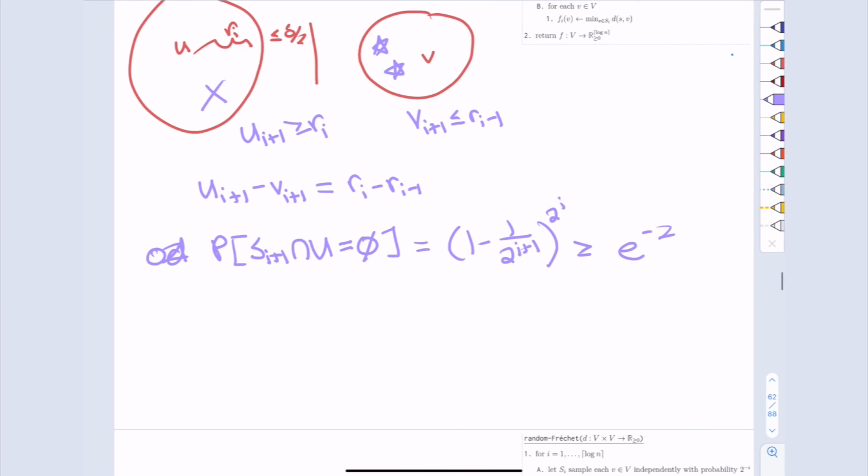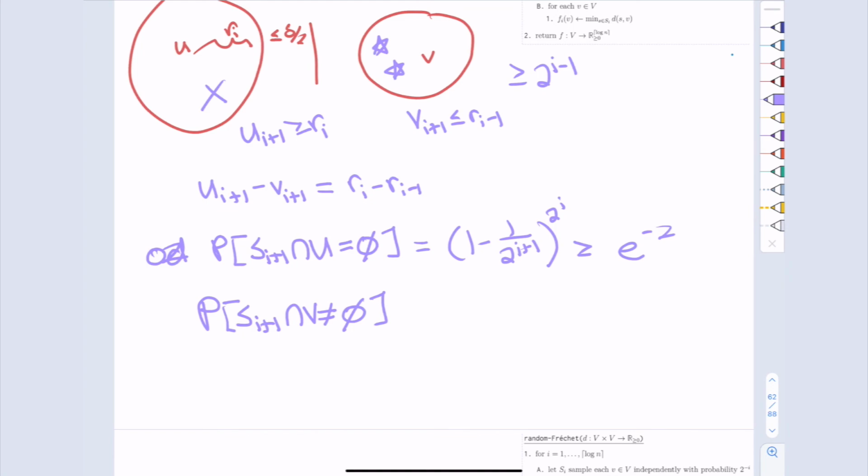Meanwhile, the probability that S_{i+1} intersect V is not the empty set: V still has at least 2^(i-1) points in it, so the expectation is that you're going to get about a quarter of a point, and with some probability, maybe 1 in 20, you'll get at least 1. I'll skip the calculations. So you have a constant probability of hitting V, and a constant probability of avoiding U.